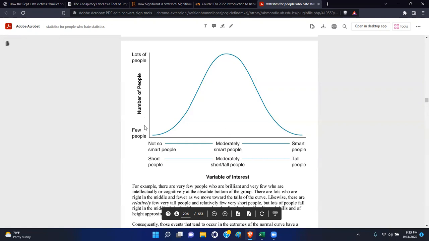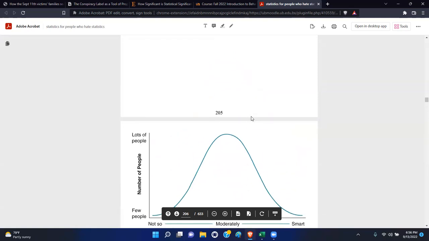In many different cases, things are going to be distributed in this way, where just about 2/3 or 68% of the cases are within one standard deviation of the average. 95% of all cases are within 2 standard deviations of the average. And then over 99% of cases are within 3 standard deviations of the average.